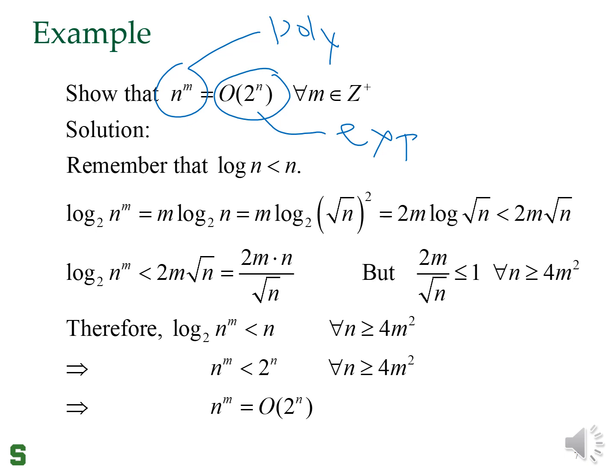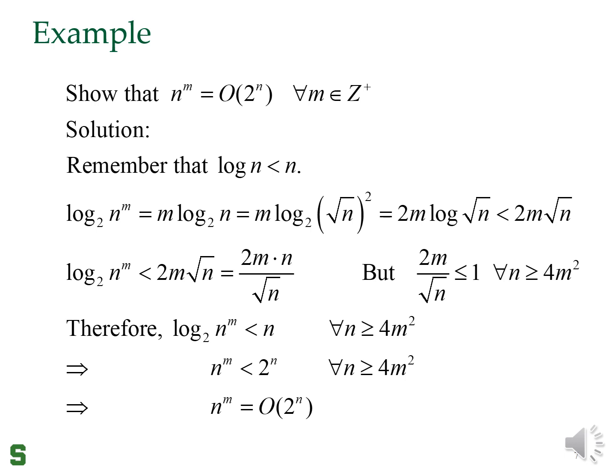What this result shows is exponential functions grow much faster than polynomial functions, and this is true even if the polynomial that you're looking at has quite high powers. Even if I have n to the power 1000, it is eventually going to grow slower than 2 to the power n.